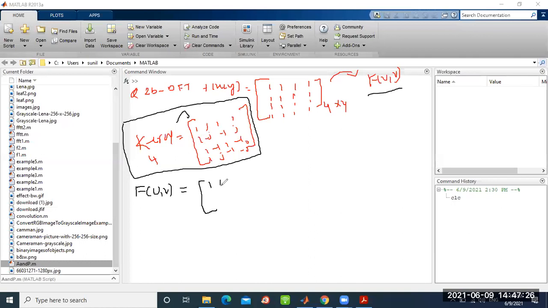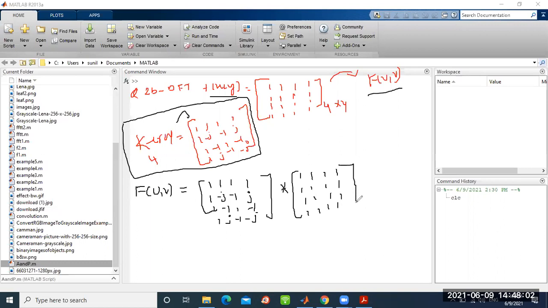So this 1 1 1 1, 1 minus j minus 1 plus j, then 1 minus 1 1 minus 1, 1 j minus 1 minus j, multiplied by your actual image, which is your f of xy. So it is all 1. Okay, so these are all 1, these are all 1, and these are all 1.